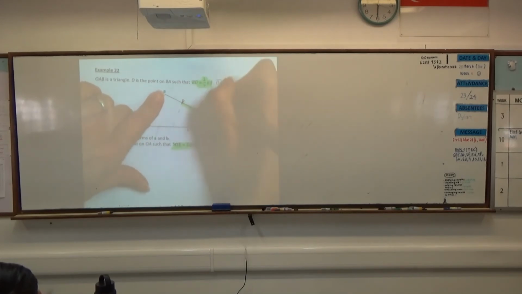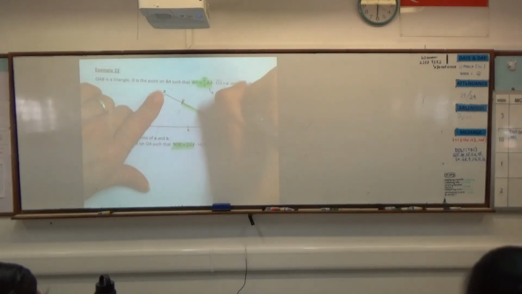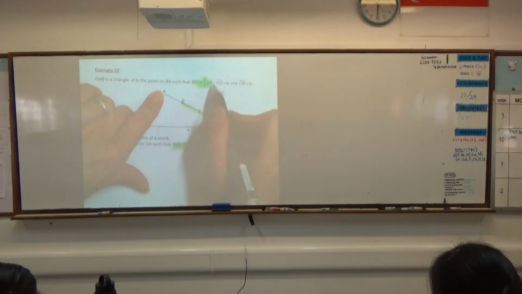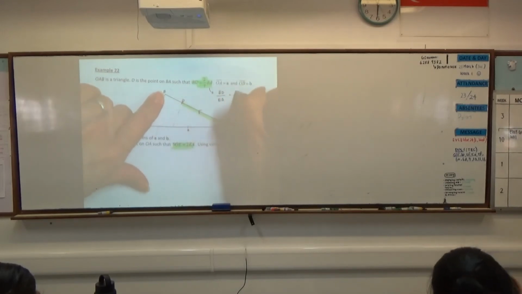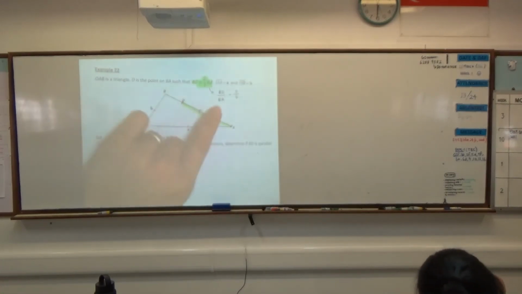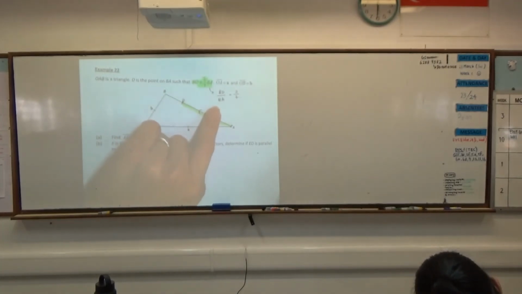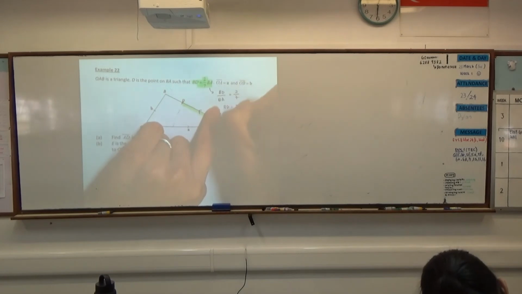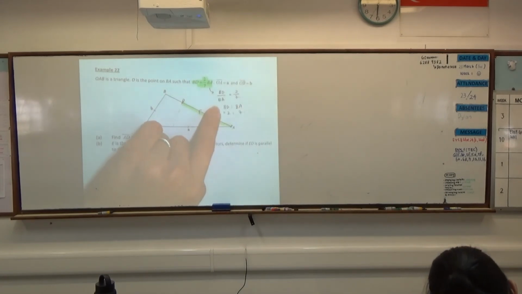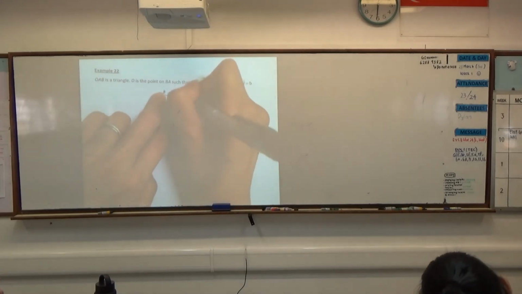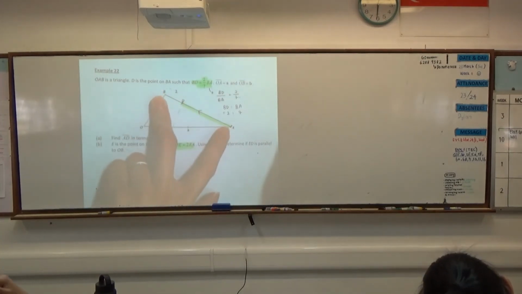You could also think of it in ratio form, where BD over BA equals 2 over 7. So in ratio, this is what it means. BD is 2 units, BA 7 units.